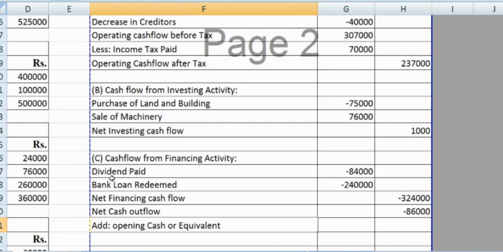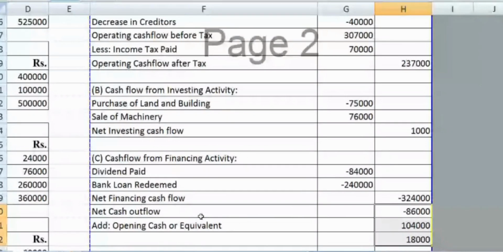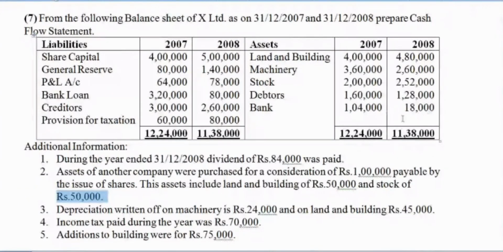So what is the amount of opening cash or equivalent? Can you tell me? 1,04,000. If you put the 1,04,000 here, then your answer is closing cash or equivalent. That is 18,000. Let's see, it is correct or not. 18,000 is the correct answer.